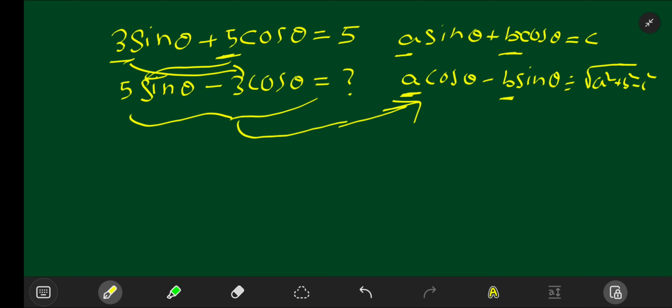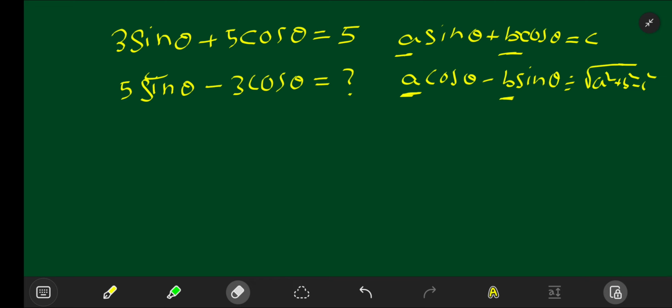So we have to take minus from the asked equation. If you take minus, 3 cos theta minus 5 sin theta. Now it is in the form of the formula.